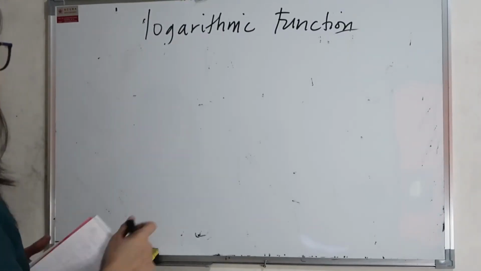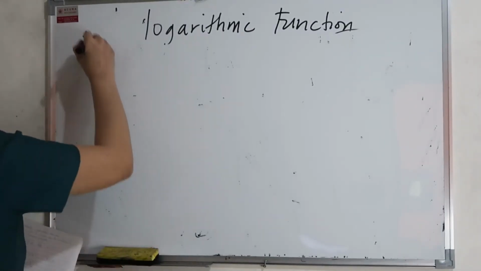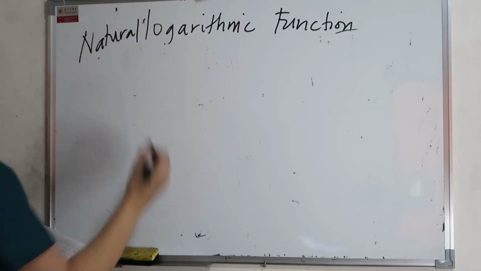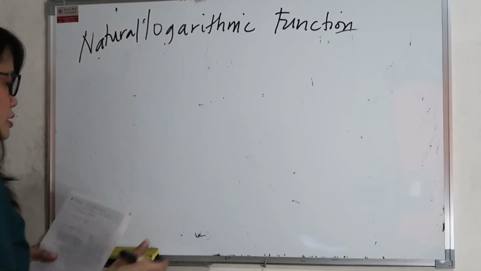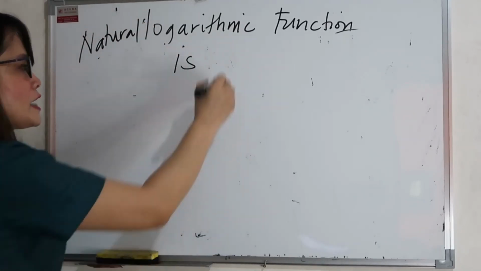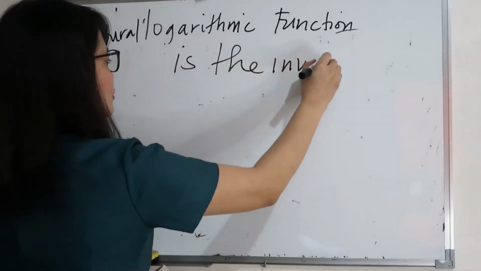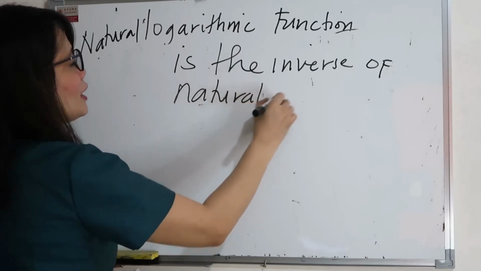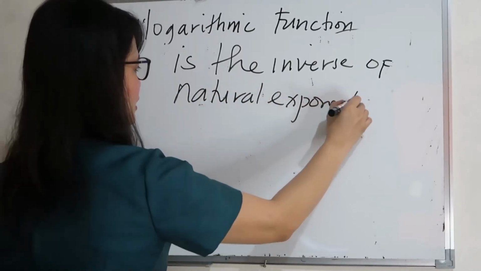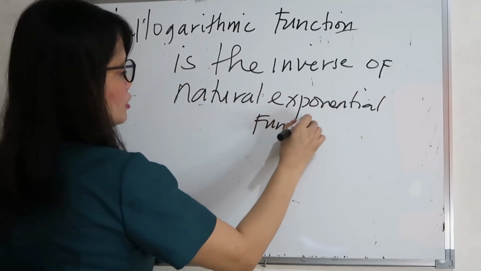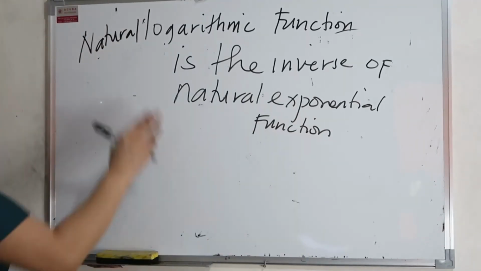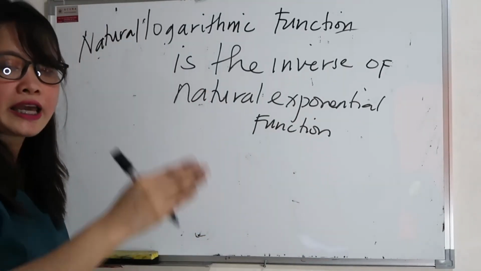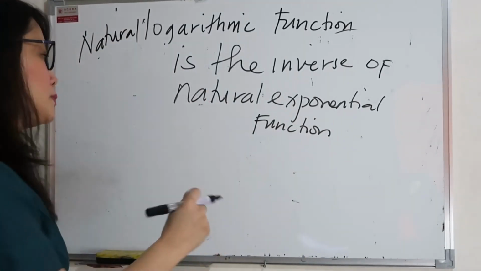A natural logarithmic function is the inverse of a natural exponential function.